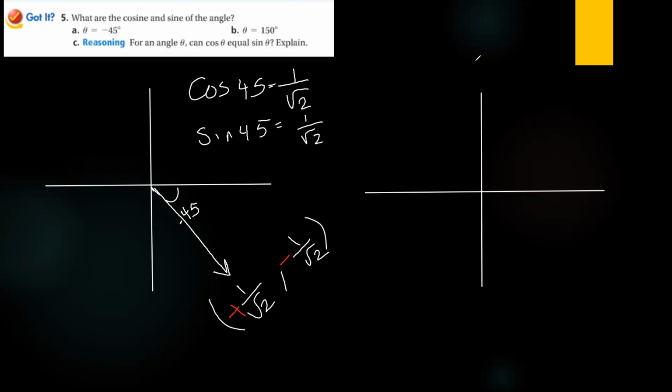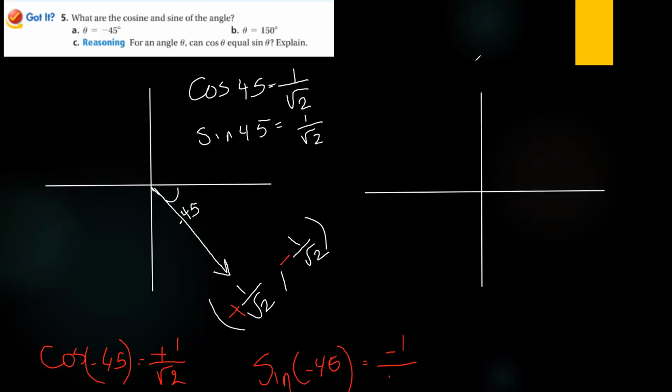So the cosine of negative 45 will be positive 1 over square root of 2, and the sine of negative 45 will be negative 1 over square root of 2. This is for the angle negative 45.